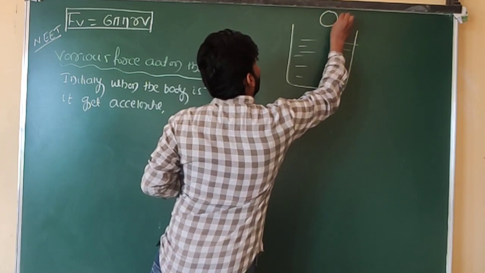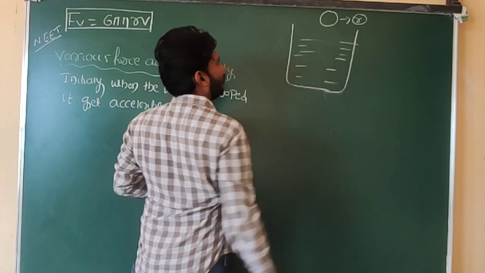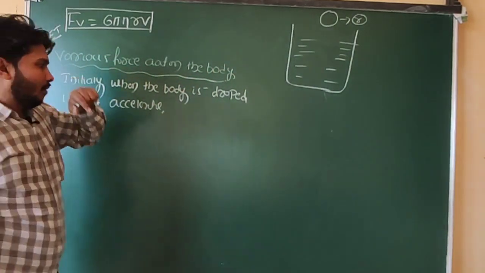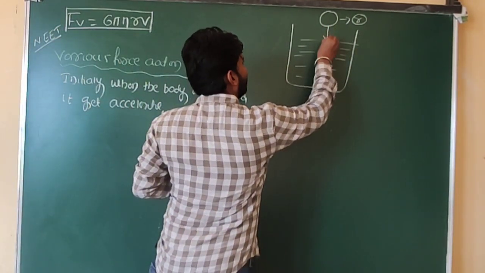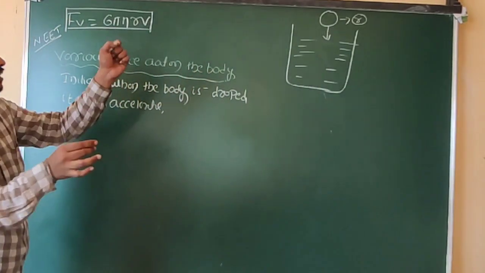I will take one small spherical body having radius r. It is moving in a downward direction, then it accelerates.